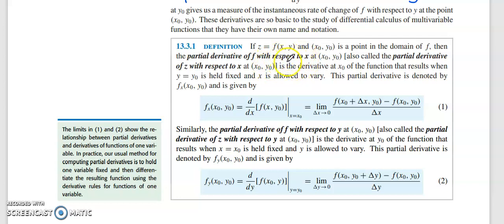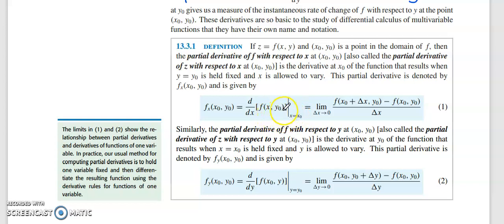If z is equal to f of x, y and (x0, y0) is a point in the domain of f, then the partial derivative of f with respect to x at the point (x0, y0) is the derivative at x0 of the function that results when y equal to y0 is held fixed and x is allowed to vary. So this is how we denote the partial derivative with respect to x.